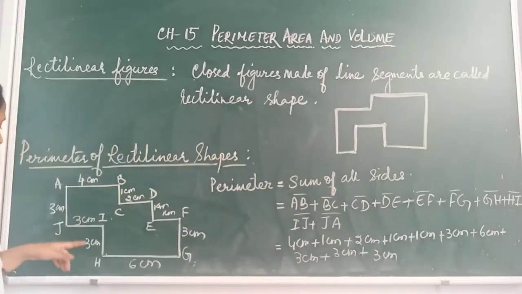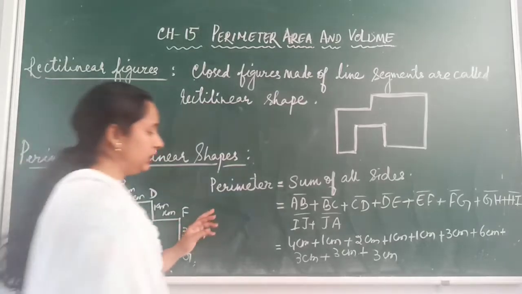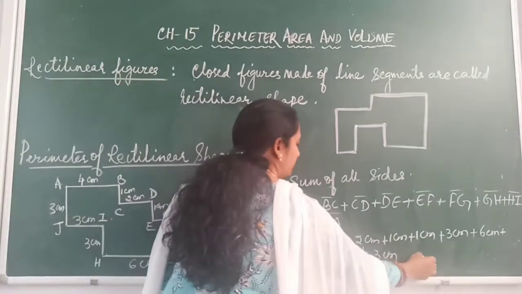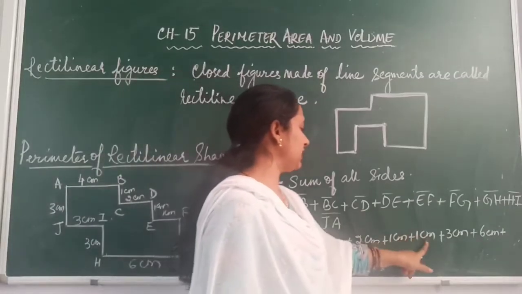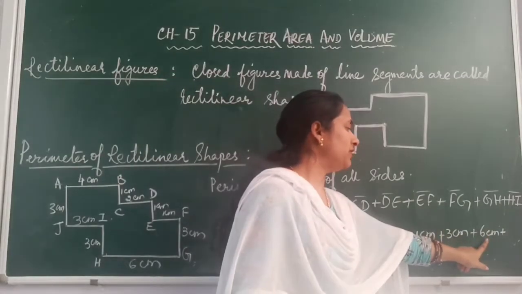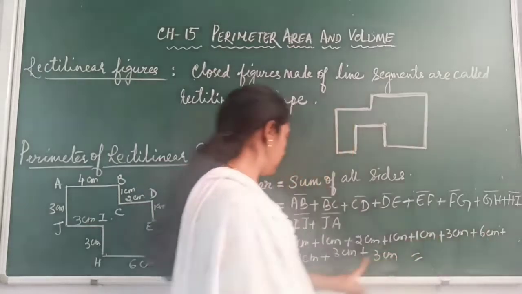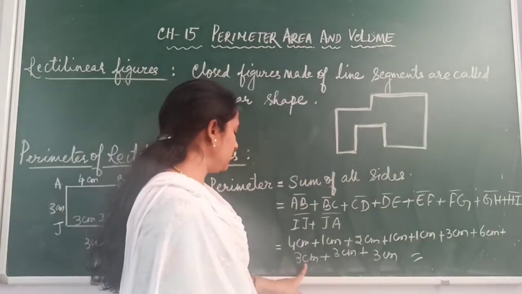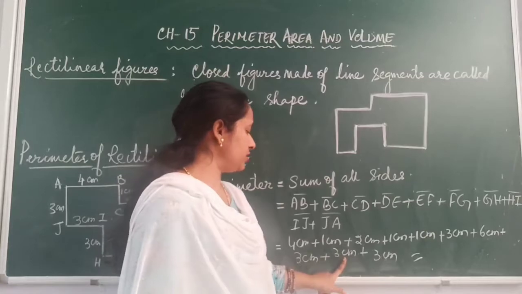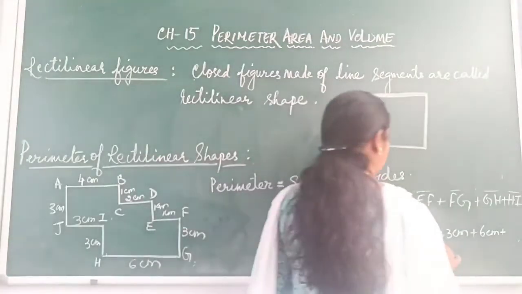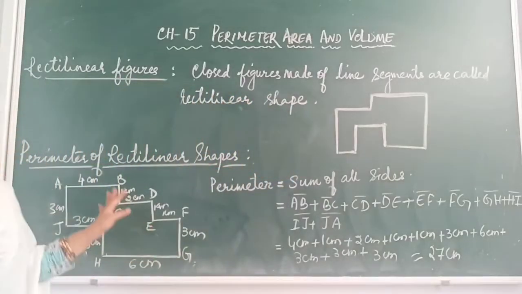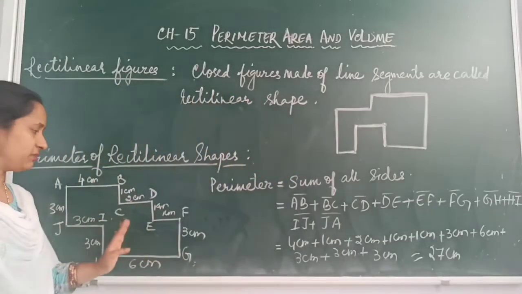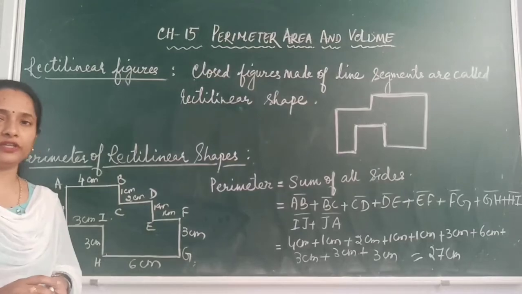See, just have a look. 6 centimeter plus 3 and another 3. Over. Now just write down how much they are summing up to. 4 plus 1, 5, 6, 7, 8, 9, 10, 11, 12, 6, 18, 19, 20, 21, 22, 23, 24, 25, 26, 27. So 27 centimeter is the sum of all the sides of this given rectilinear shape. This means this is the perimeter of the given shape.